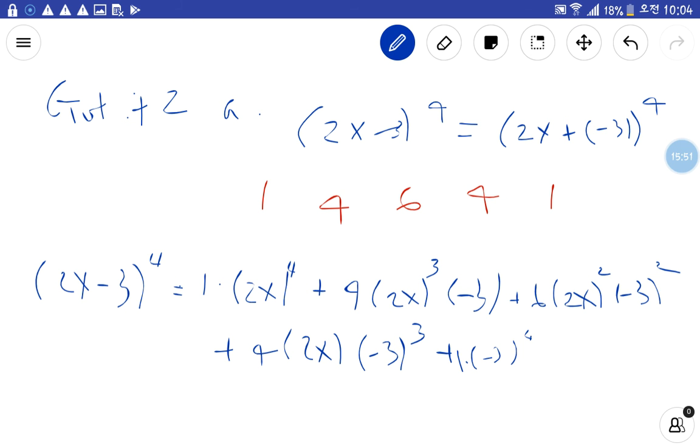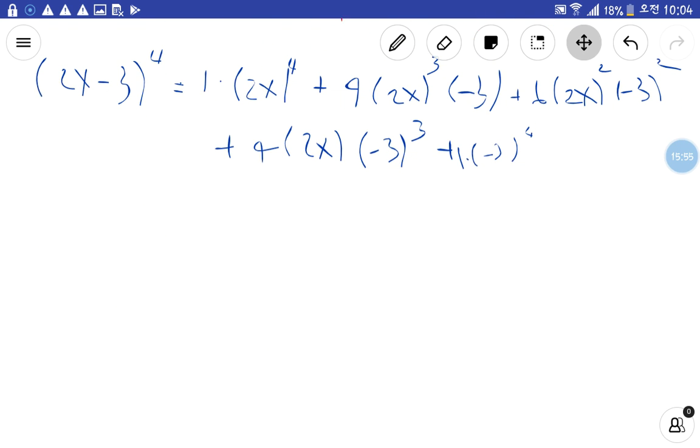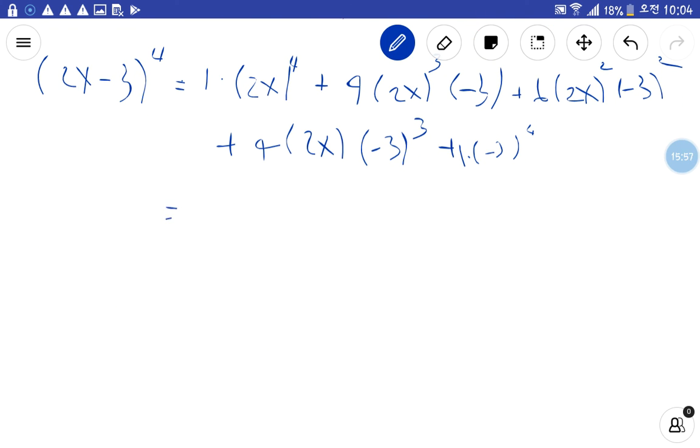After that, you have to simplify everything. So this would be 16x to the 4th power, and then minus 96x cubed, because 2 to the 3rd power is 8, and 8 times 4 times negative 3 is negative 96.